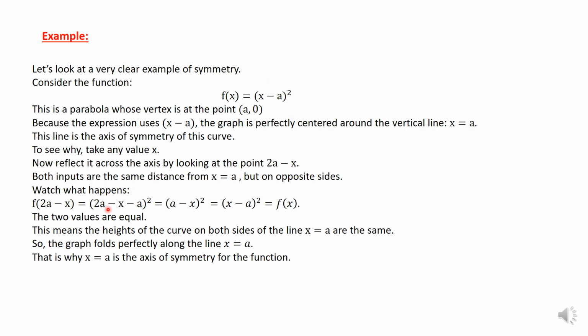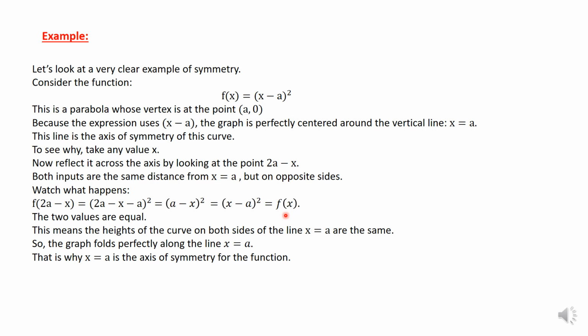So f(2a - x) becomes (2a - x - a)^2. 2a - a is a, so it is (a - x)^2. You know the square of a number is equal to the square of its opposite. So (a - x)^2 is equal to (x - a)^2, which is f(x). So the two values are equal. f(2a - x) is equal to f(x).